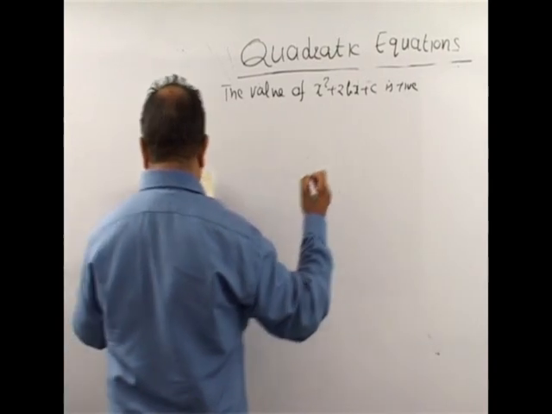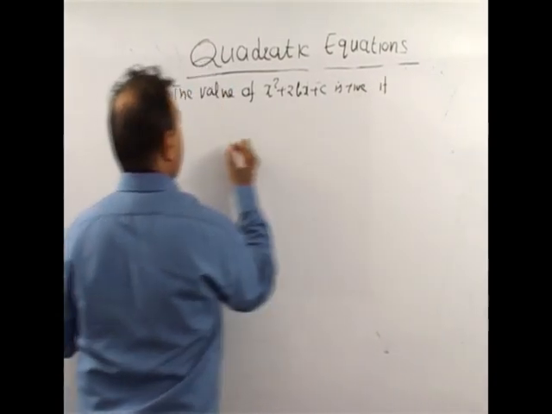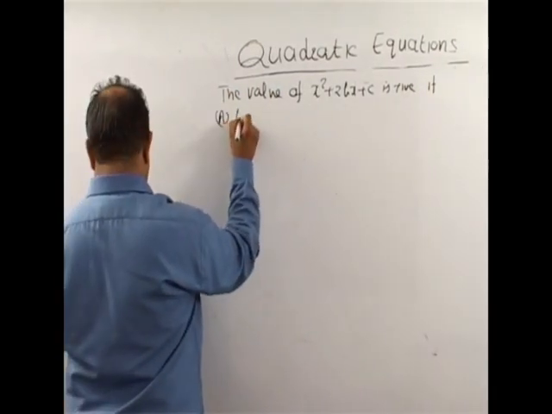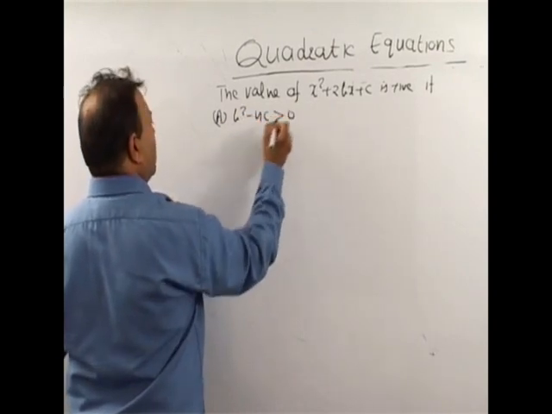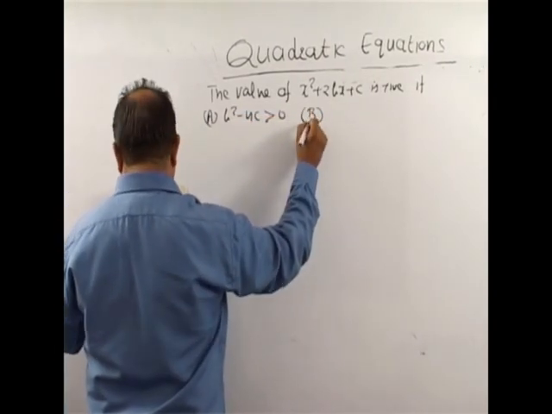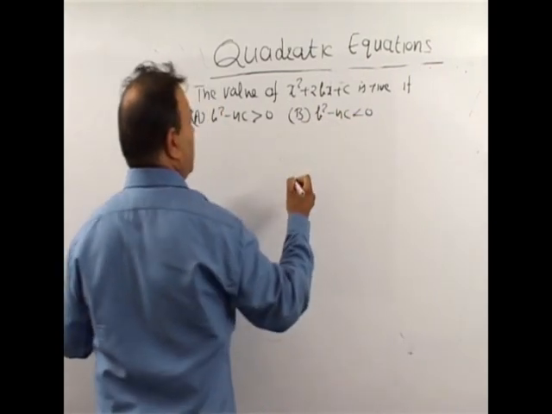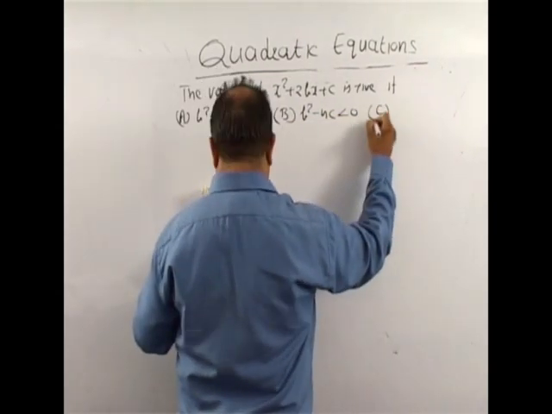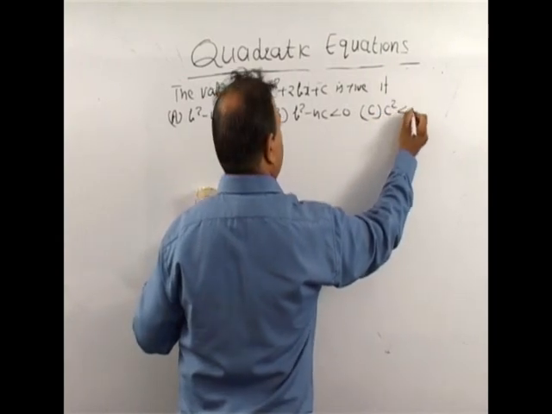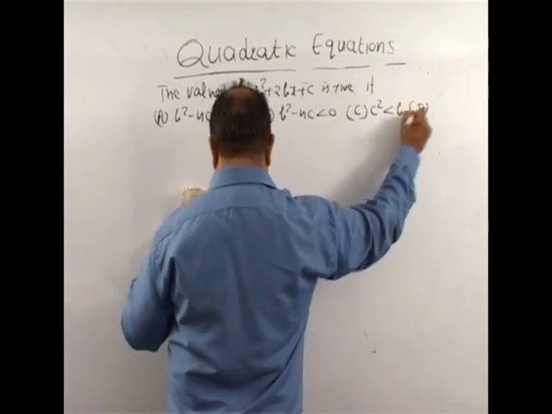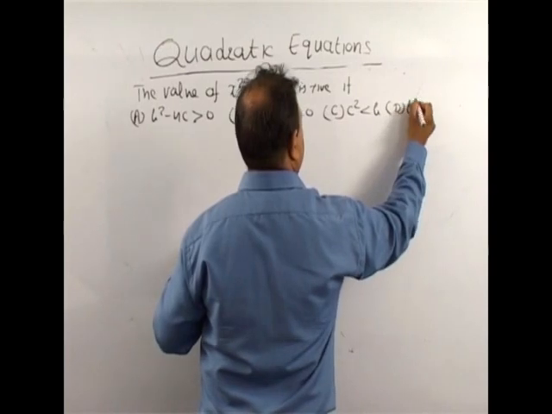The value of this expression is positive if A option is b square minus 4c greater than 0, B option is b square minus 4c is less than 0, C option we have c square is less than b, and the D option we have b square less than c.